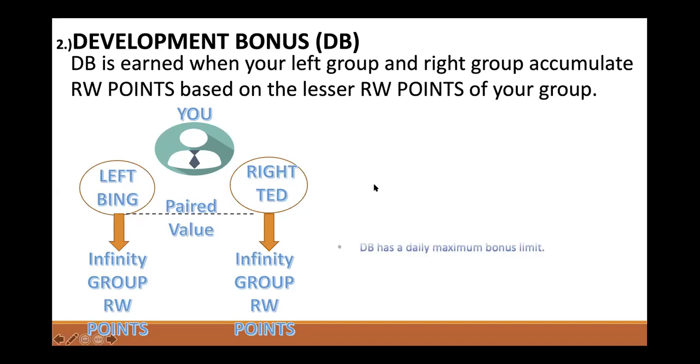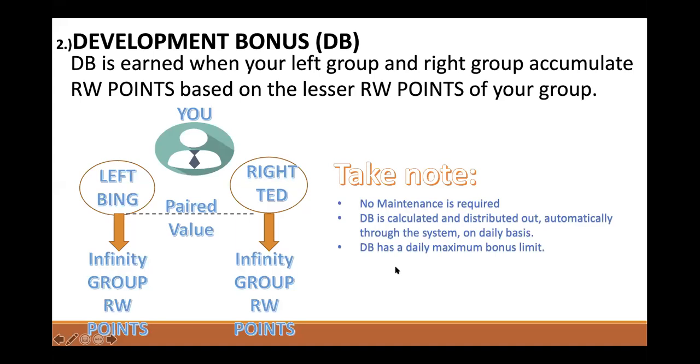All right. Take note. In Reway, no maintenance is required. Development bonus is calculated and distributed out automatically through the system on daily basis. Development bonus has a daily maximum bonus limit.